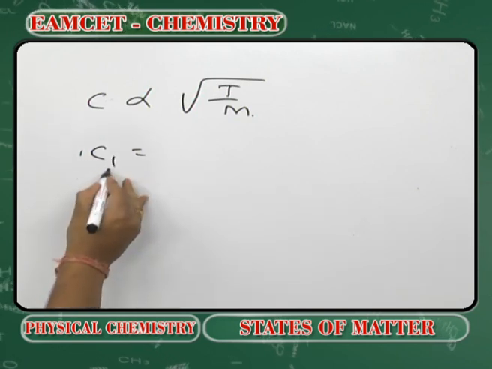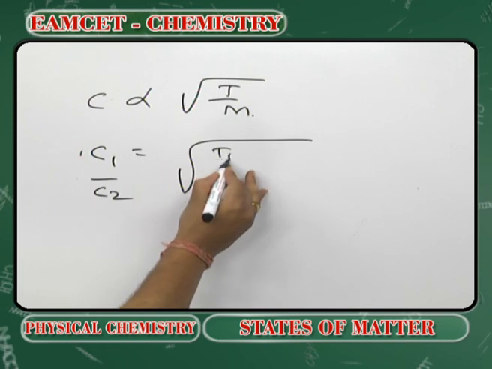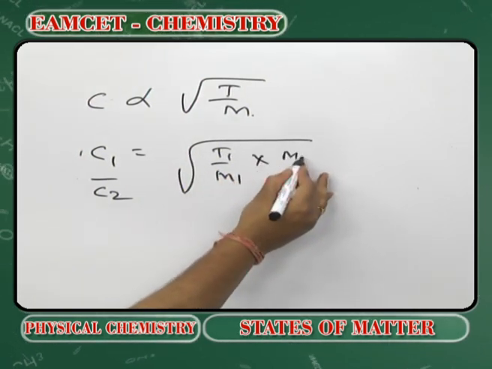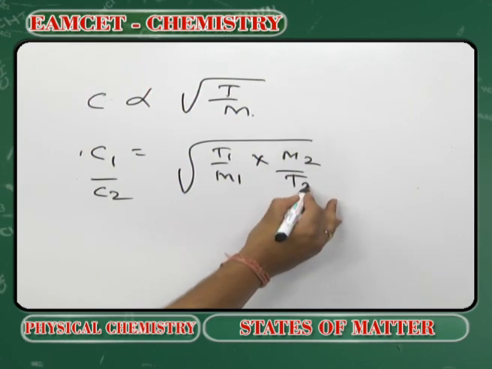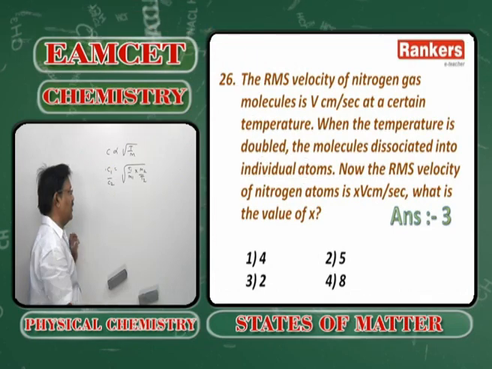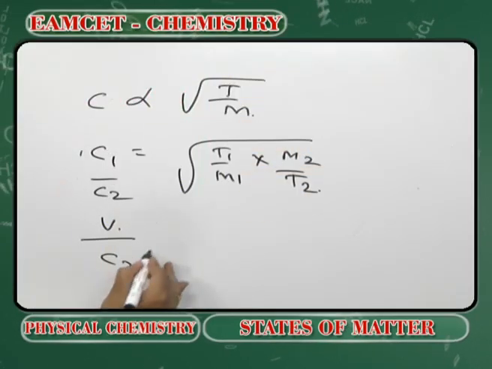So C1 by C2 is equal to root of T1 by M1 into M2 by T2. What is C1? V. What we have to find is C2.